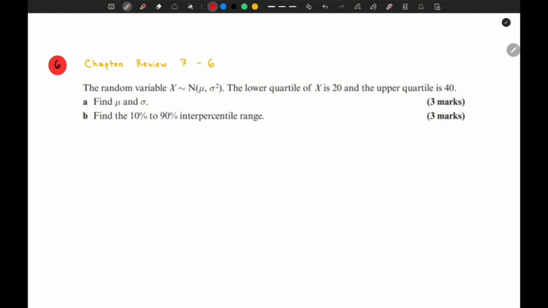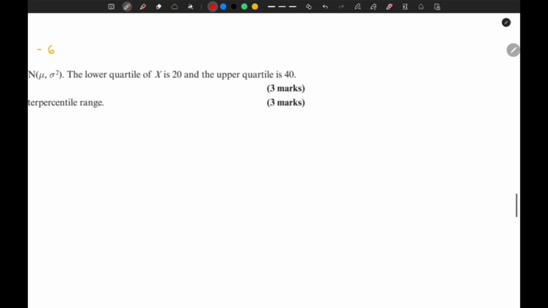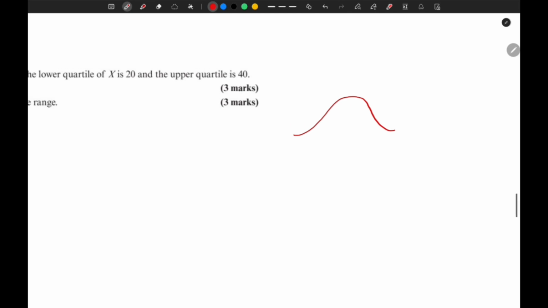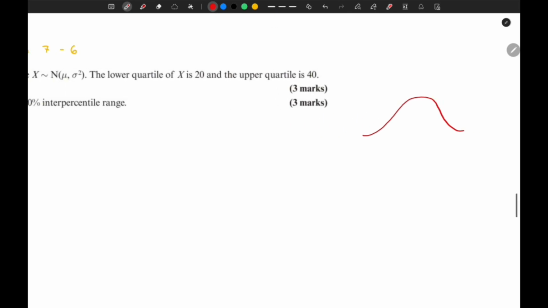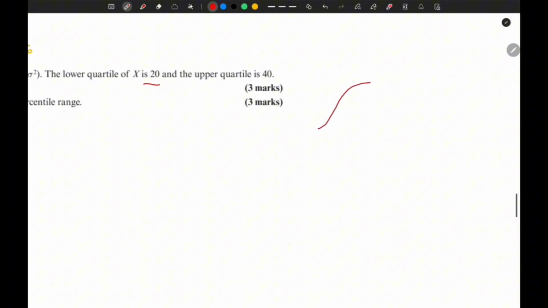We know that the lower quartile is basically the 25th percentile, and the upper quartile is the 75th percentile. So if we look at the normal distribution curve, let's say that the lower quartile is 20. So let's assume that in the normal distribution curve, this is 20.